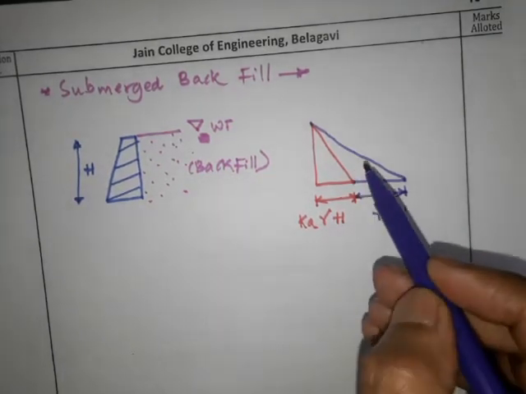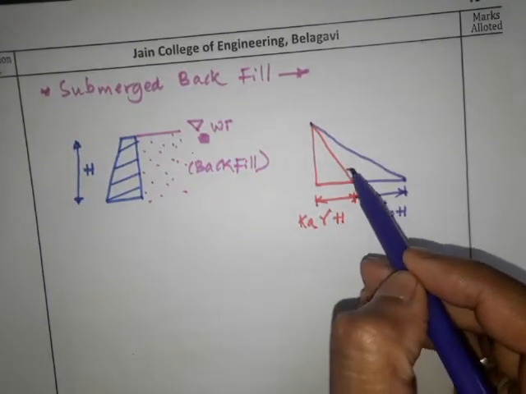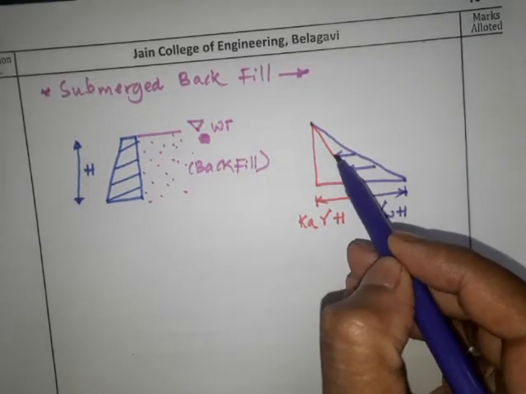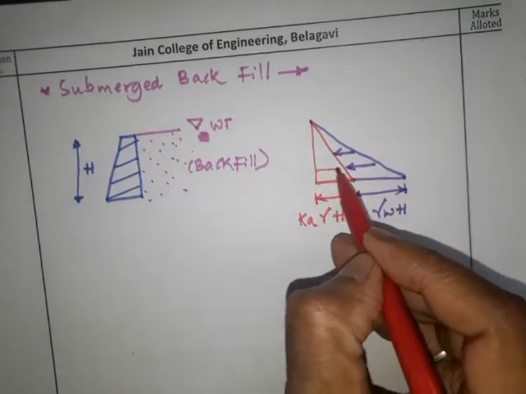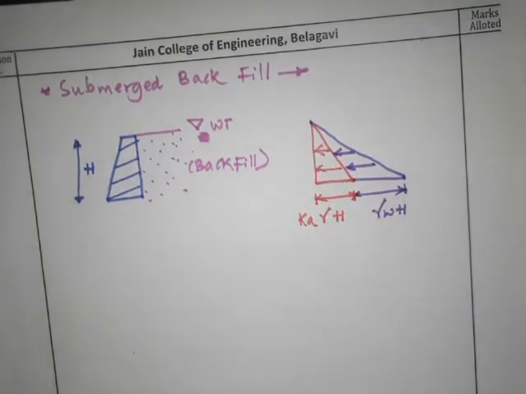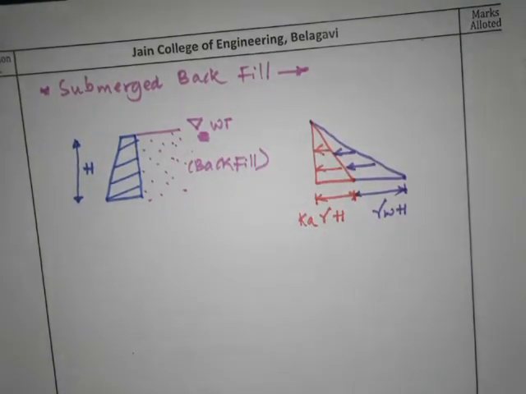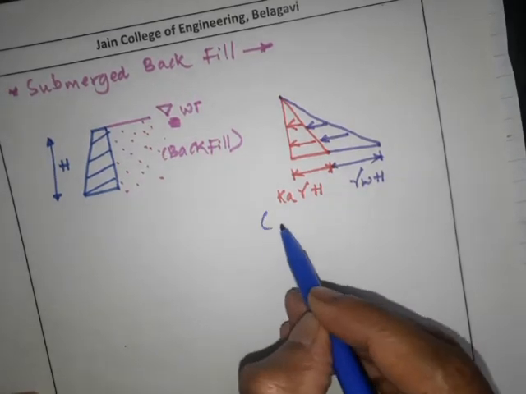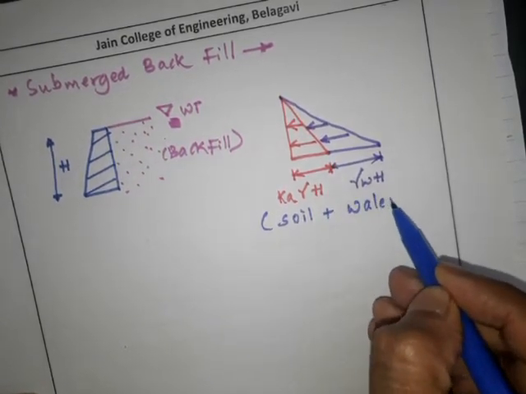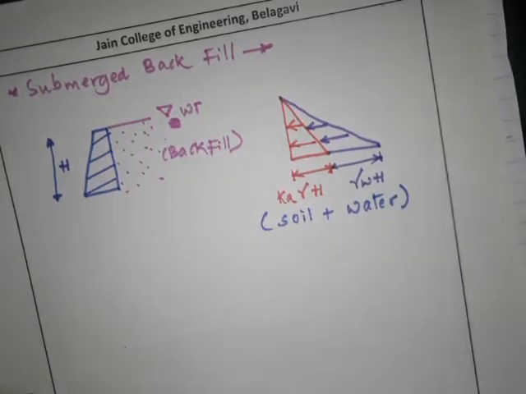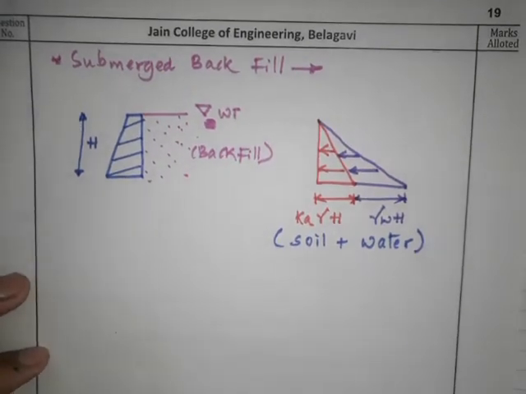So we have this for water and we have this for soil. Okay, so this total together will be soil plus water, because it's submerged, so it will be soil plus water.